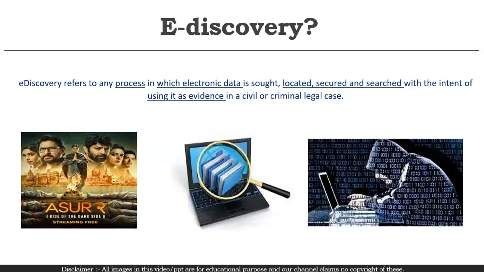So what is e-discovery? E-discovery refers to a process in which electronic data is located, secured, and searched with the intention of using it as evidence in civil or criminal legal cases. You might have seen various movies on the internet about computer crime or cyber crime.